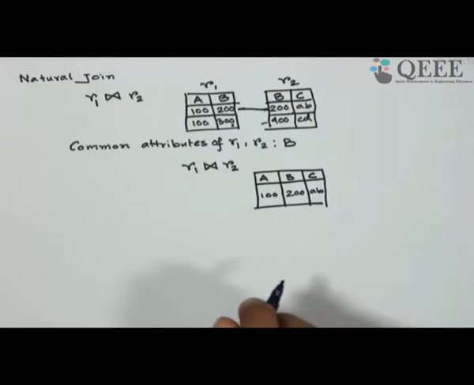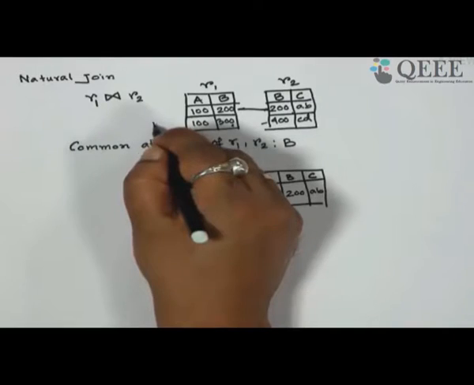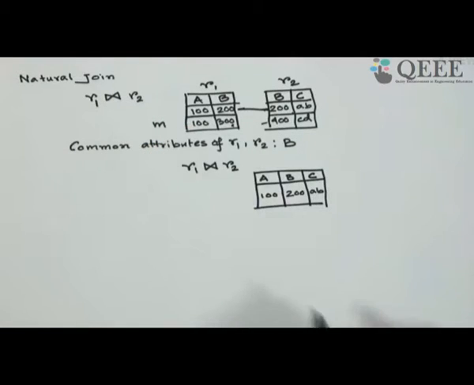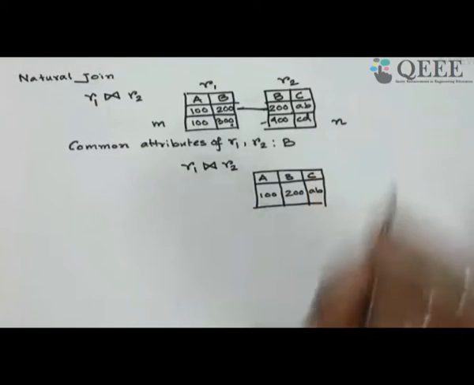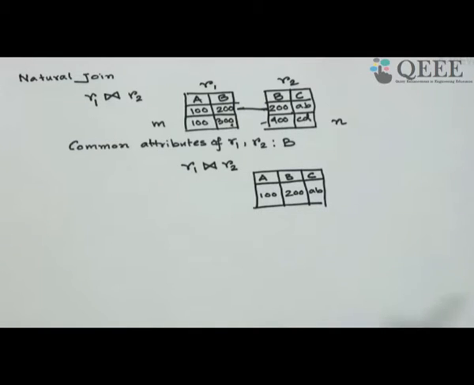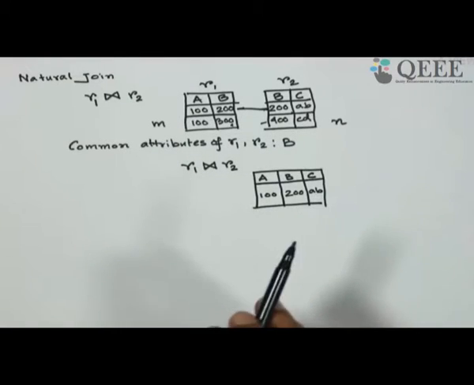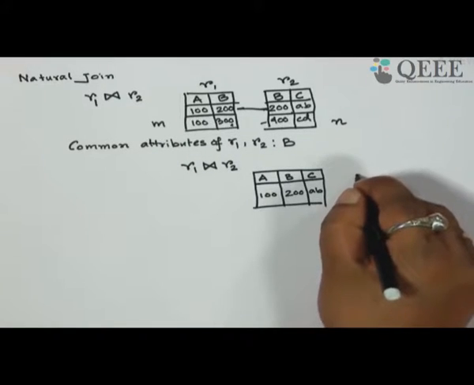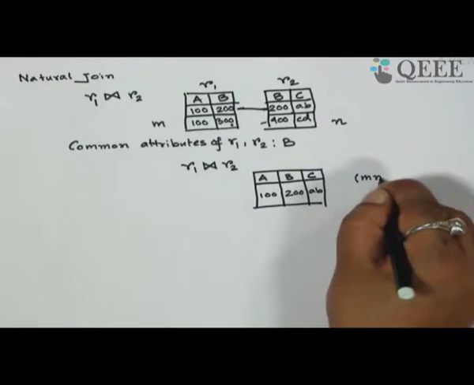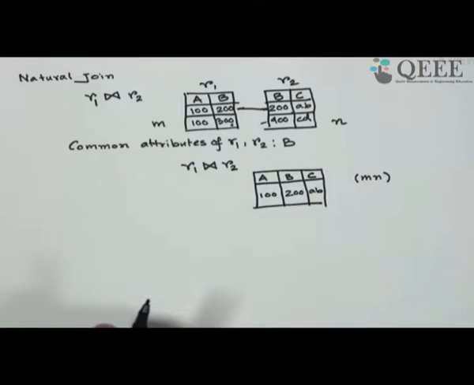So if R1 has m tuples and R2 has n tuples, potentially every tuple in R1 can join with every tuple in R2. So potentially there may be mn tuples in the join. Note that in the Cartesian product there will be mn tuples.